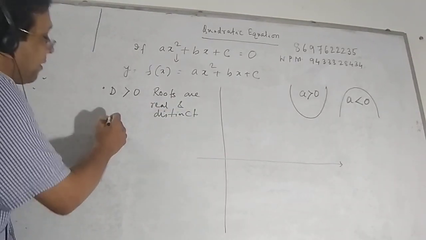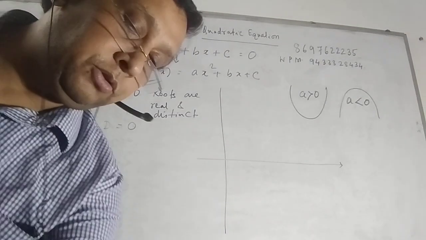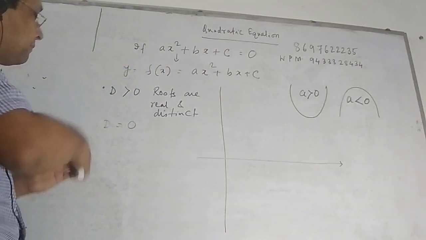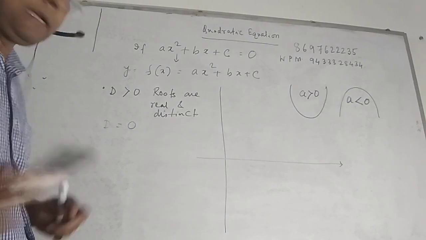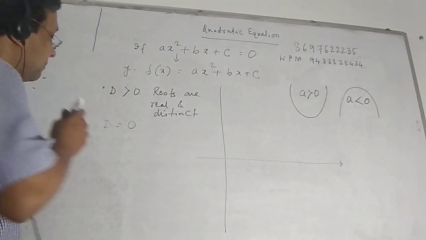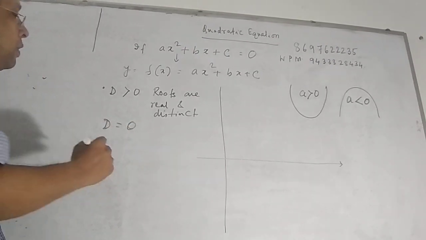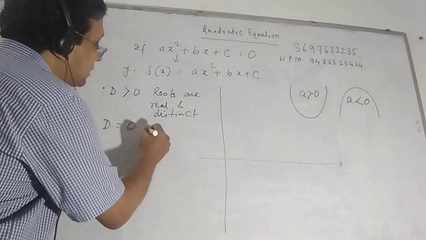If D is equal to 0, we can say that the roots are equal.